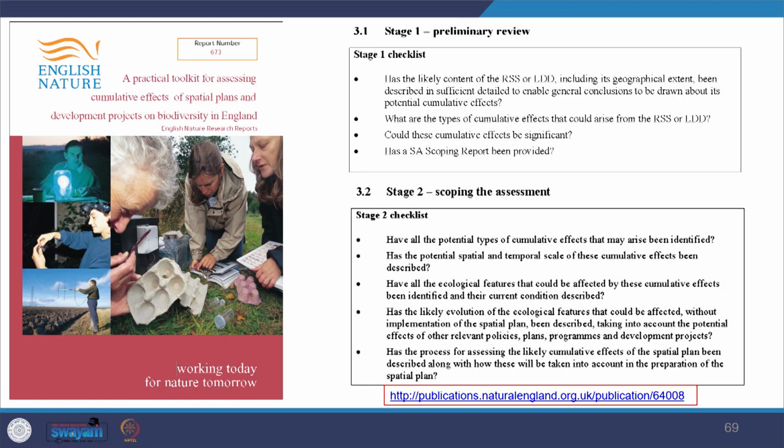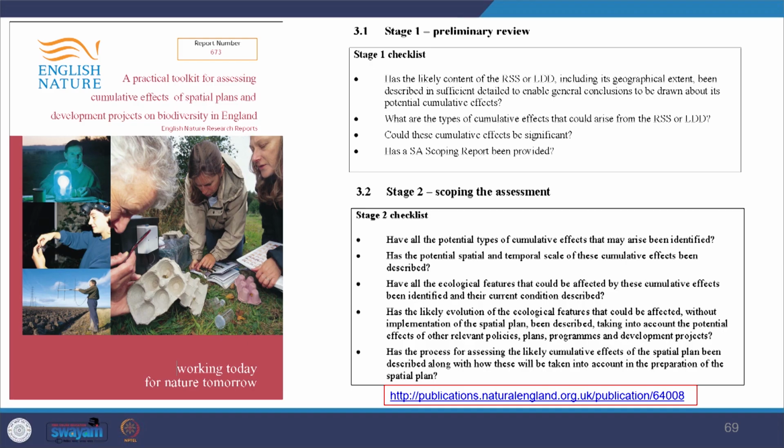So you see that scoping and baseline deals with finding out what the key effects are, what the key VECs are, and then you will also notice that a lot of back and forth work has to be done. So when you're preparing something for scoping, you need to define what cumulative effects mean in your context.